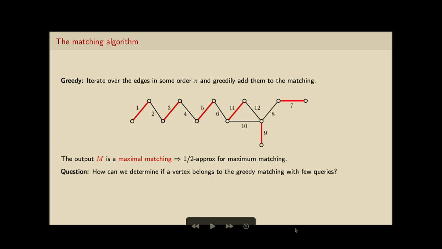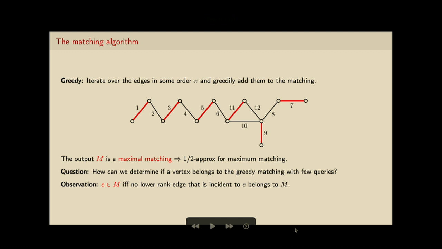And the key intuition behind why this is possible, potentially, is that an edge E belongs to this greedy matching M if and only if no lower rank edge incident to it is also in the matching. So for example, edge 5 is in the matching because all the lower rank edges incident to 5, which would only be 4, are not in the matching. But on the other hand, 12, for example, is not because 9, which has a lower rank, is already in the matching.